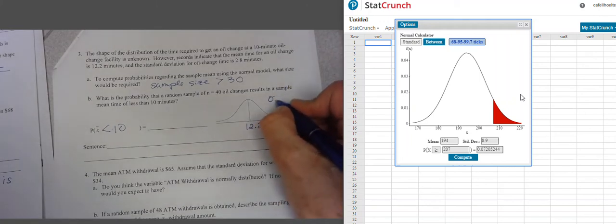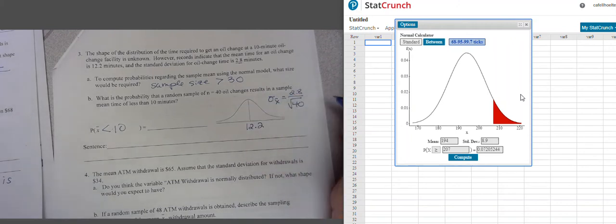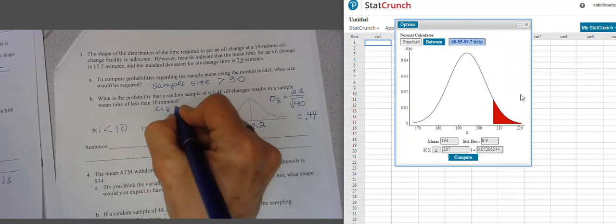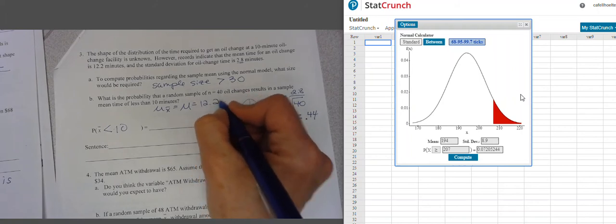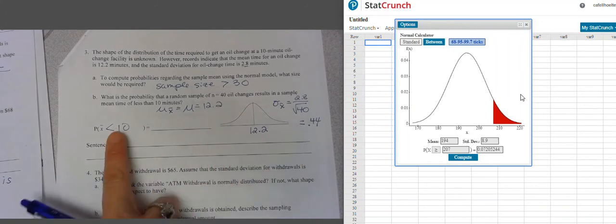So the standard deviation of our sample mean is equal to the standard deviation of our population, which was the 2.8, divided by the square root of our sample size, which was 40. If you do this math, you get 0.44. And we know that the mean of our samples is the same as the mean of the population, which was 12.2. We're going to use these two numbers when we go over to StatCrunch with our normal calculator to figure out this probability.